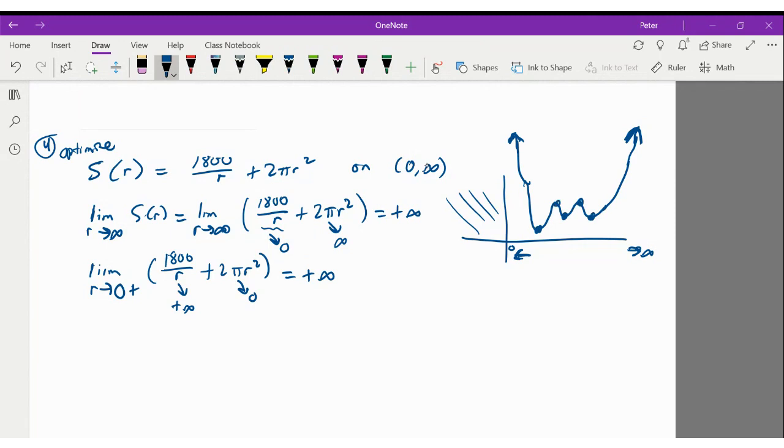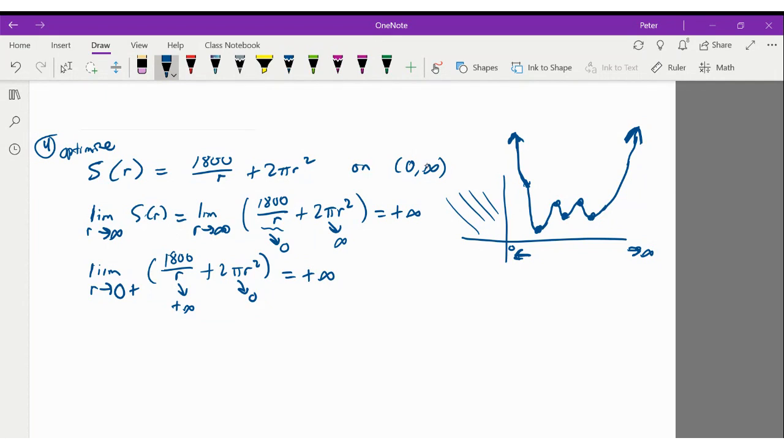So all we have to do is find the critical numbers and determine which one has the smallest value. That's not always going to be the case. That's enabled by the fact that we know that the function grows to infinity on both sides. In this case, its minimum value is going to be less than the two infinities, and it's going to have to be at one of these local minima.